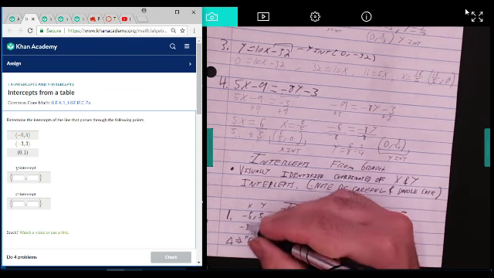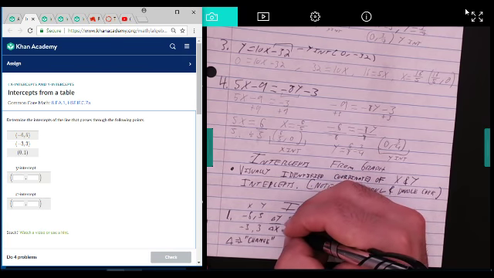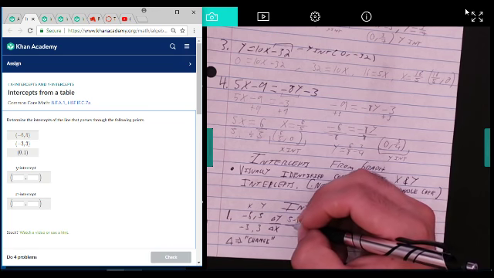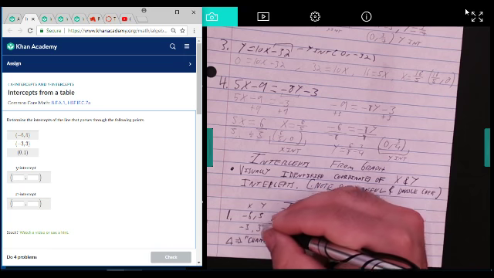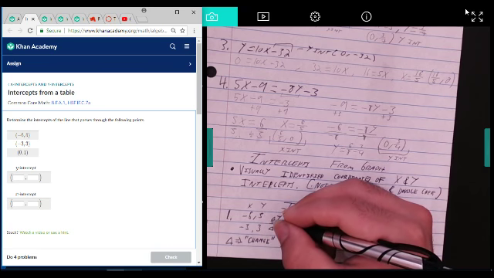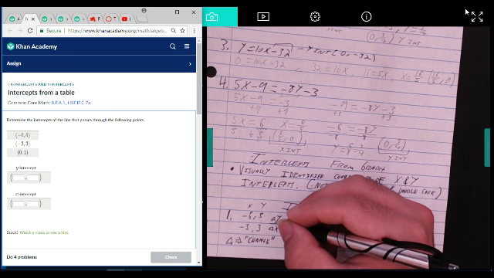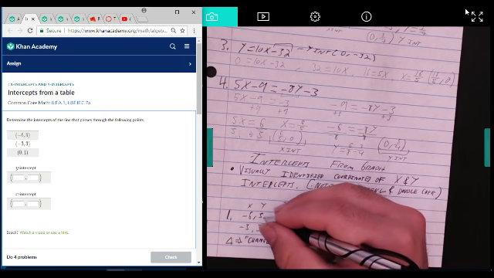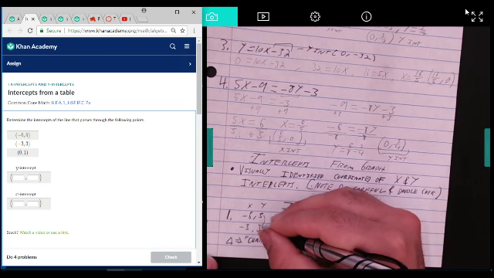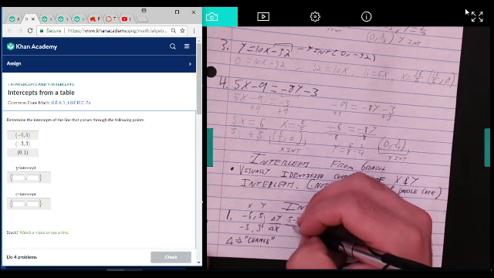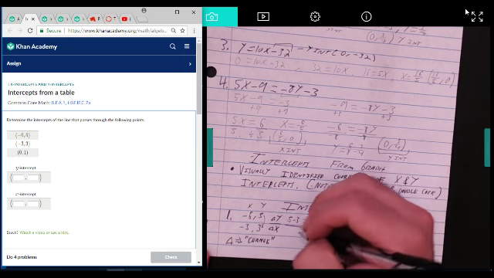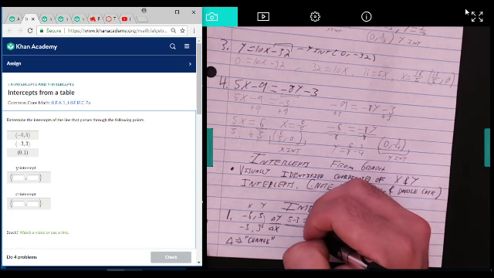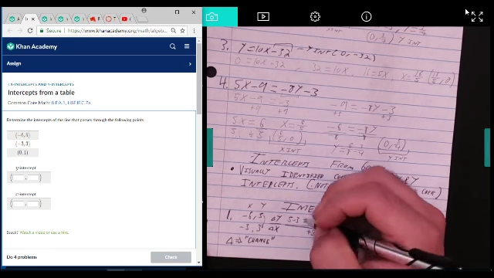And from negative 6 to negative 3, that's going to be plus 3. So from 5 to 3, it's going to be negative 2, and from negative 6 to negative 3, that's going to be a change of positive 3.